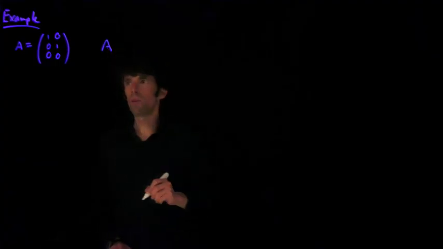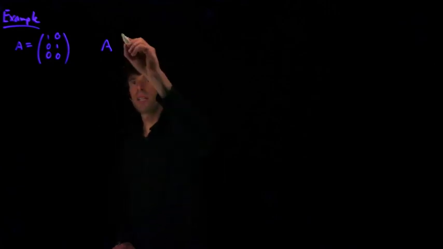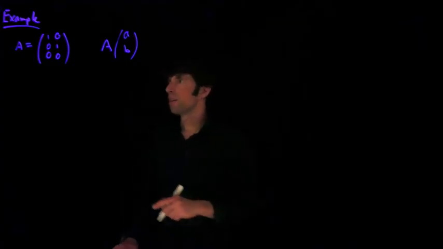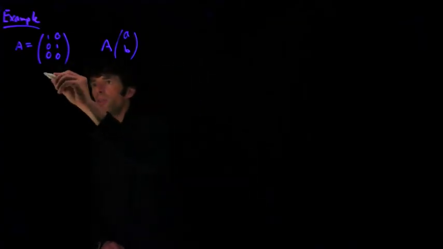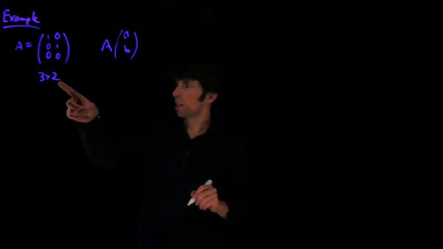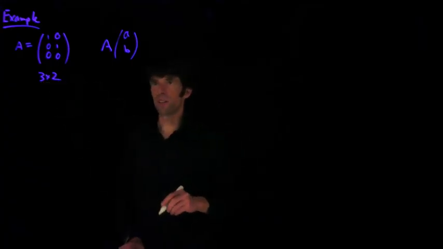So we're going to look at all possible vectors we can get as output of this. So let's say I do A times some arbitrary vector (a, b). So this is a 3 by 2 matrix. So it takes as input a length 2 vector and produces as output a length 3 column vector.